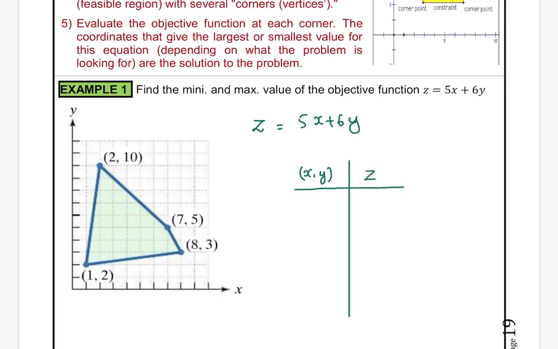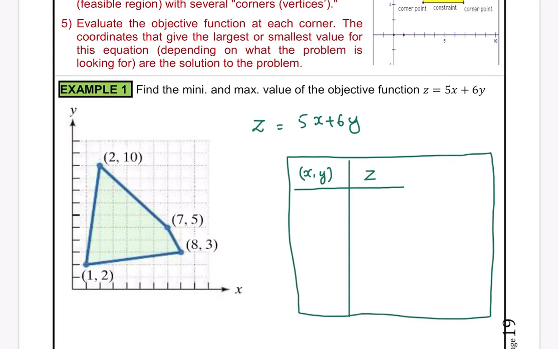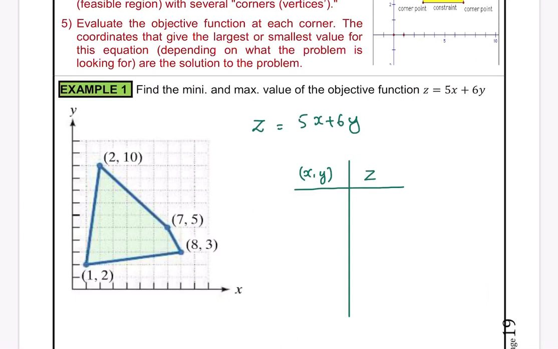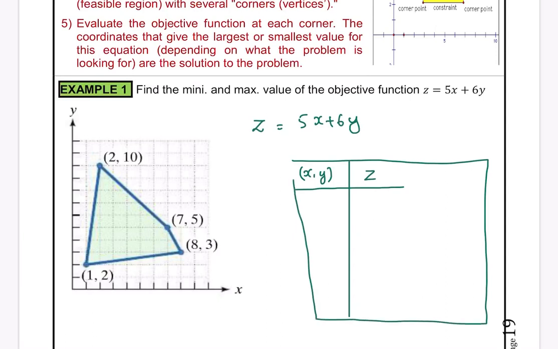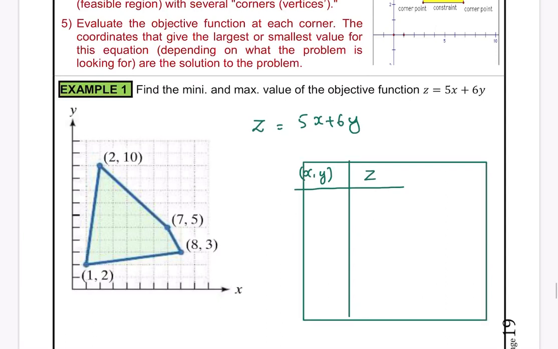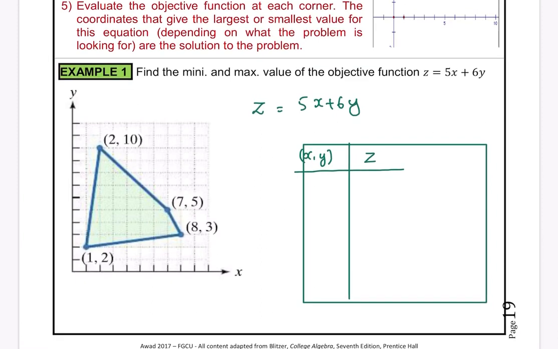Let's make this table bigger. All right.